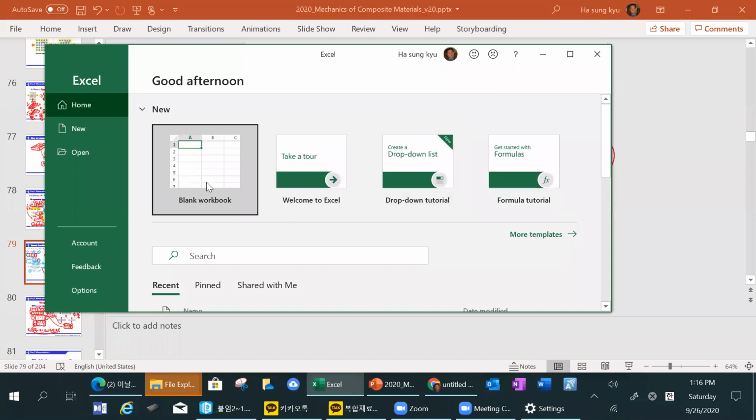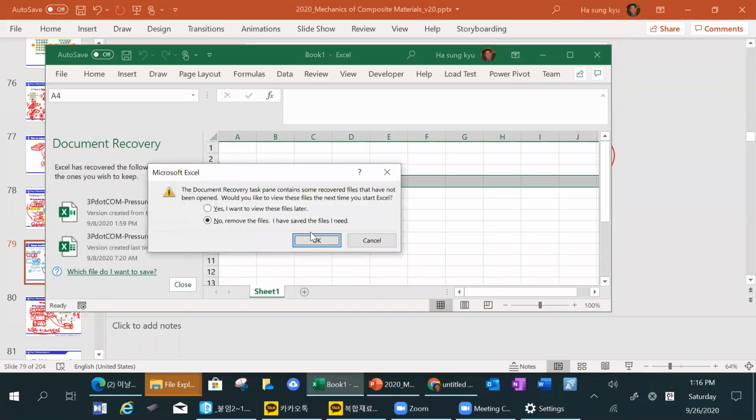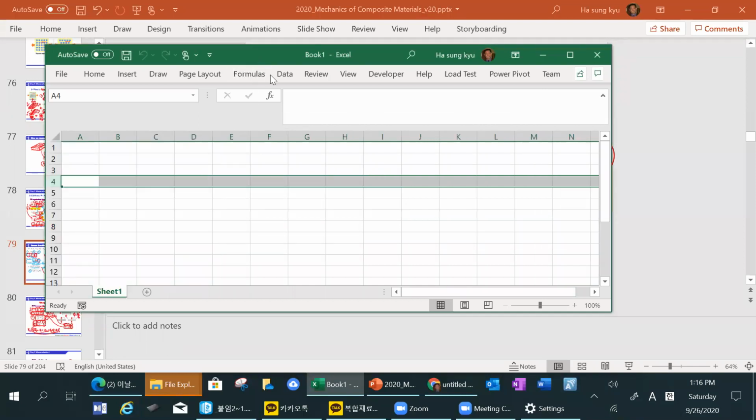After we derive this relation, we always like to see the numbers.